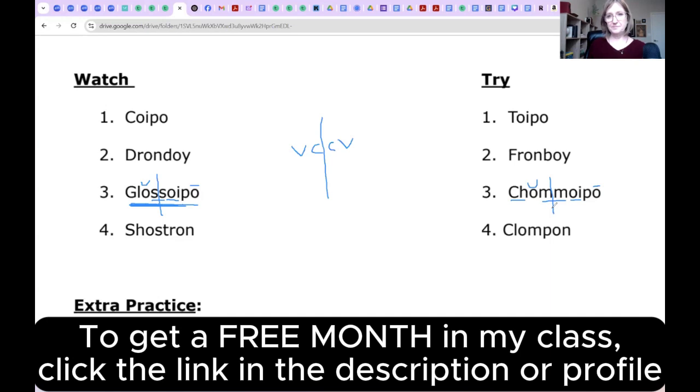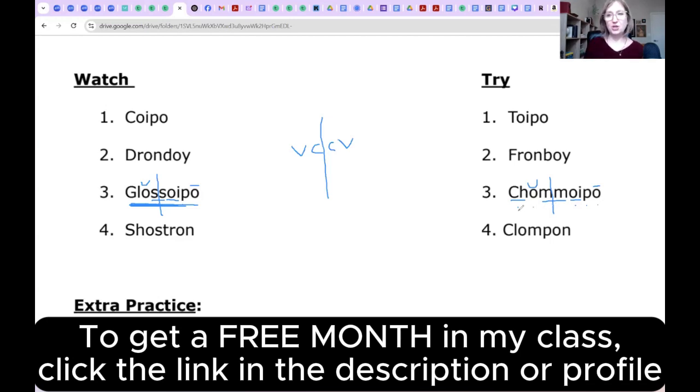Okay, this O says "ah", OI says "oi". O at the end says O. We have ch, ah, oi, p, o. Let's do it just in those two chunks that I have here.